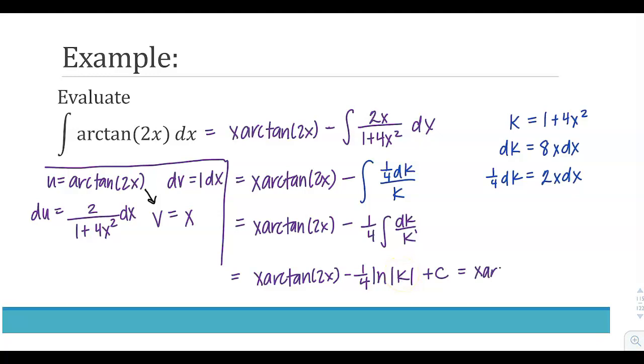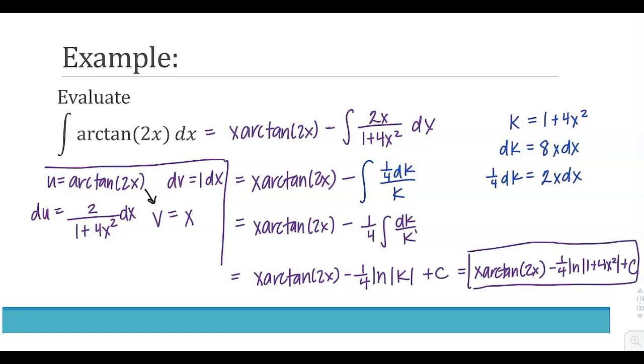So x arctangent 2x minus 1/4 natural log of 1 plus 4x squared plus c. So this is my final answer.